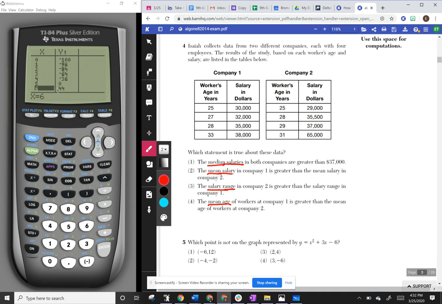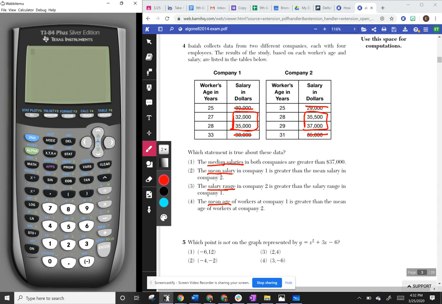And for company 2, we have 29,000, 35,500, 37,000, 65,000. So that's great. It's already in order, which means we just have to find the median. So you're going to cross one off on each side until you get to the middle. But as you can see, we end up with 2 salaries in the middle for both.